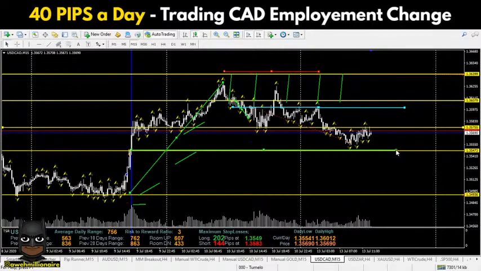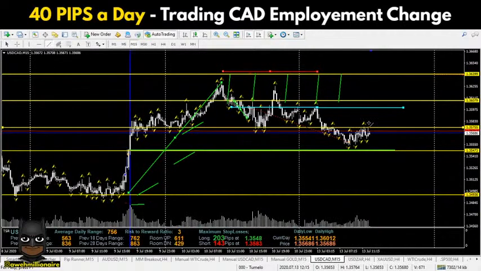It's coming all the way down to test that demand level, which we just identified. So we have a demand level that price is coming to test. As you can see, if you trade with the smart money, it's all about two things: supply and demand. And how we identify the supply and the demand levels is by using Forex volume to do so.